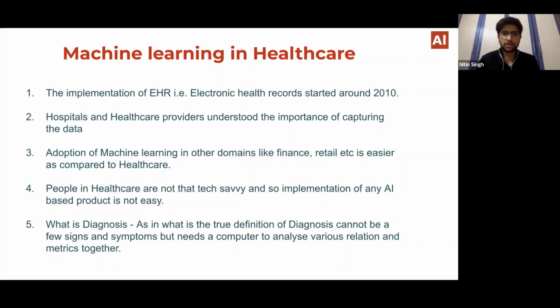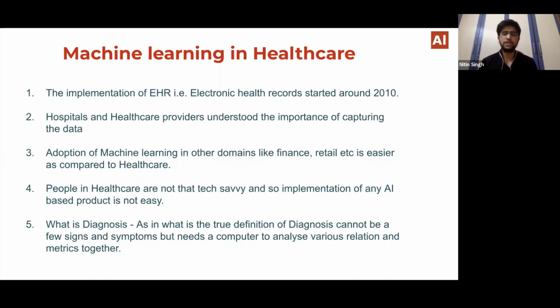EHR started around 2010, and hospitals and healthcare providers understood the importance of capturing the data then. So overall, the advancement of AI in healthcare happens right at the end compared to all other domains.